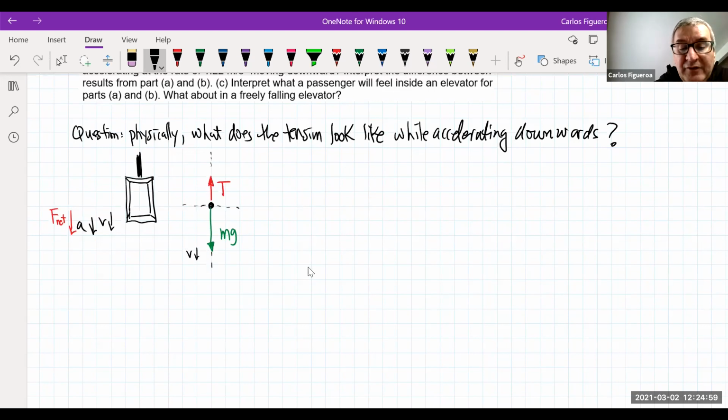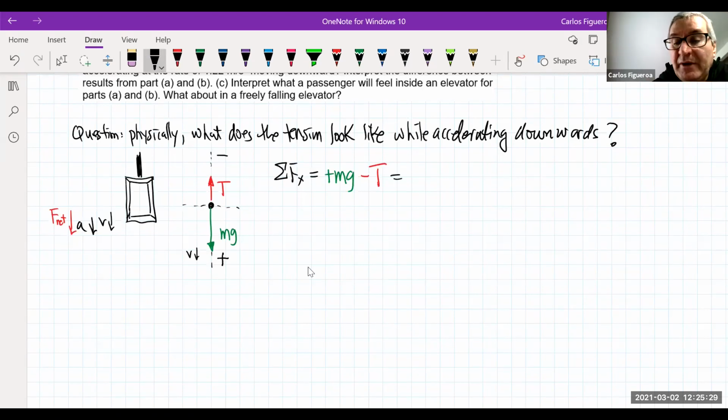look at my sign convention. What is the direction of velocity? It's down. I now switch signs. So here I go. If I look at this, you could see the big difference here is that now gravity is positive and tension is negative.